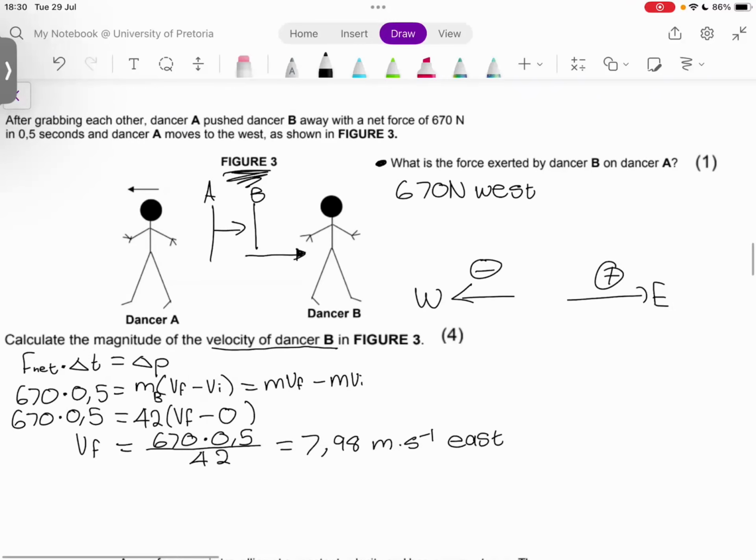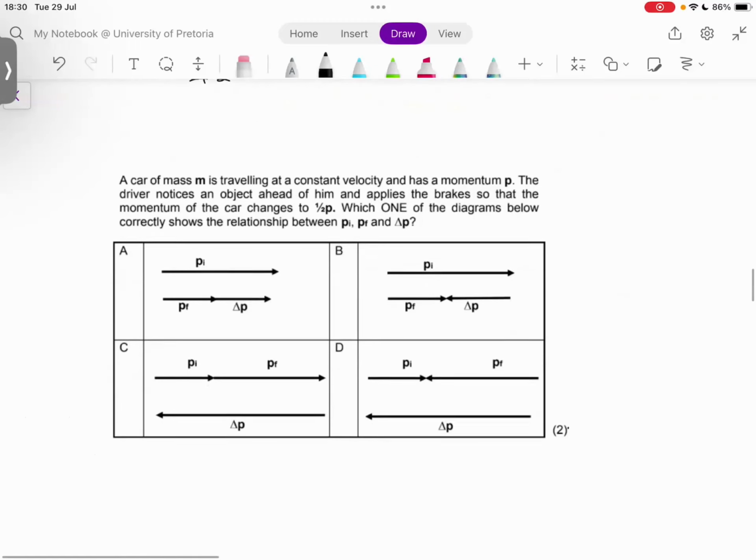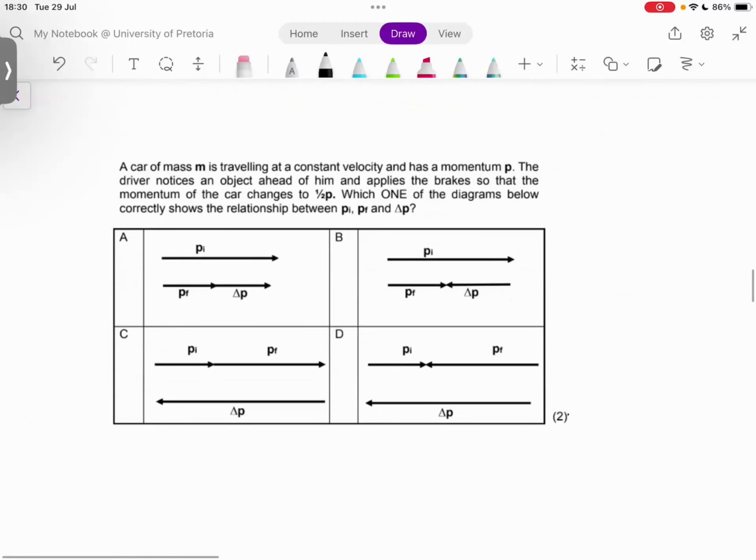Right. Let's continue on. I've given us a multiple choice question that reads as follows.